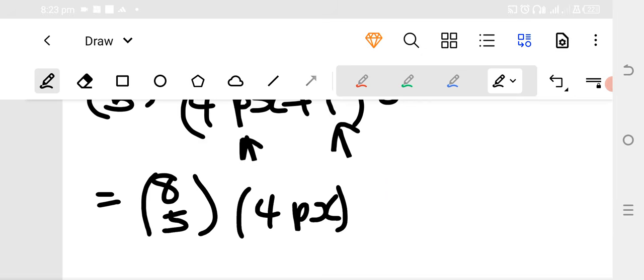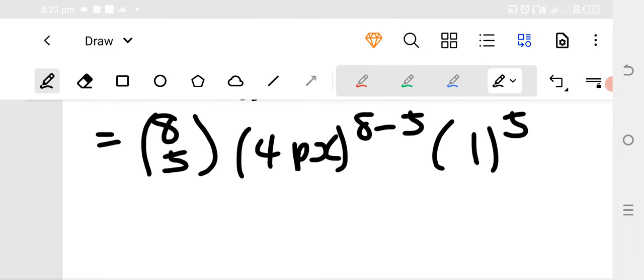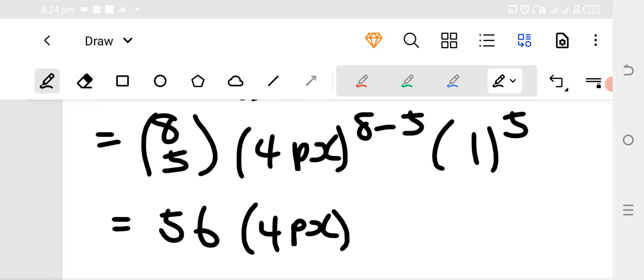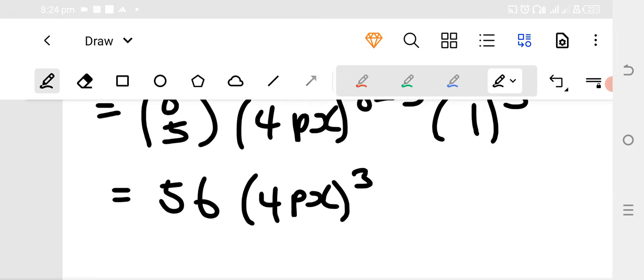Let me just write that out so that we can know how these things are coming about. And then multiplied by 1 to the power 5. 8 combination 5 is what? 8 combination 5 is 56. And then 4px to the power 3, because it's 8 minus 5. 1 to any power is just 1, so we can just say times 1.